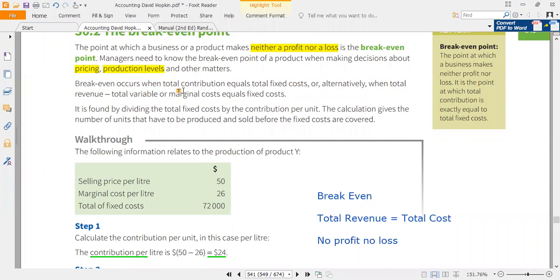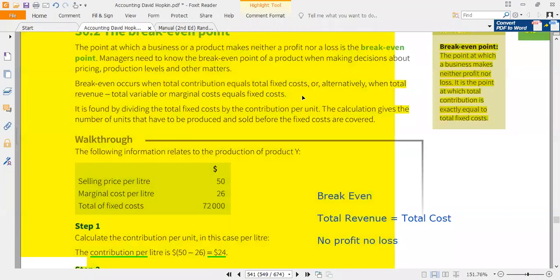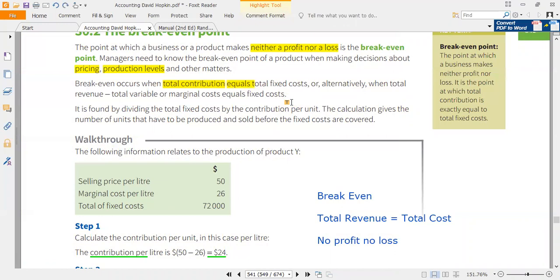Break even occurs when total contribution equals total fixed cost. Alternatively, total revenue minus marginal cost equals fixed cost.